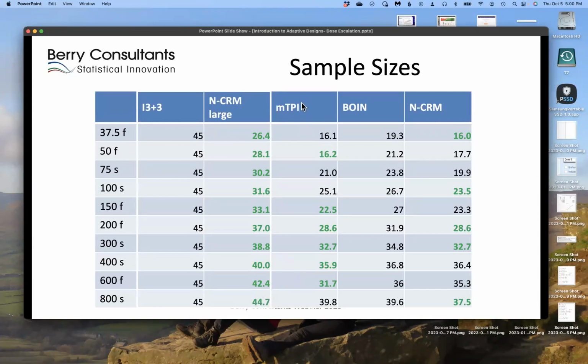And then for the other 3 designs, MTPI, BOIN, and my first N-CRM, there you can see that they have roughly similar sample sizes, honors of being the smallest sample size being kind of shared between MTPI and N-CRM. The BOIN is always, interestingly, just that little bit bigger by roughly a cohort.